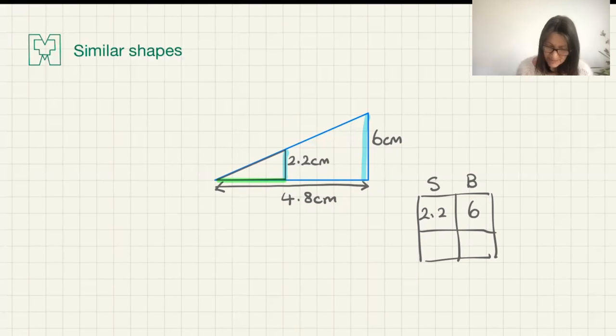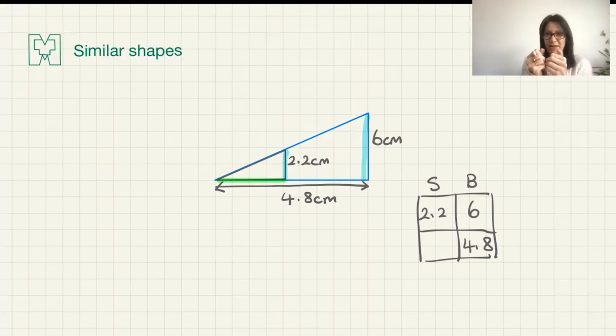The next piece of information is my 4.8. I've got to get it in the right place, or obviously it's going to go wrong. This 4.8 is stretching all the way across, so it belongs to the big triangle. So in my big column, I would be putting in my 4.8. If you've seen this before, you know exactly what you're doing. If you haven't, then what we are looking for is the number that is trapped.